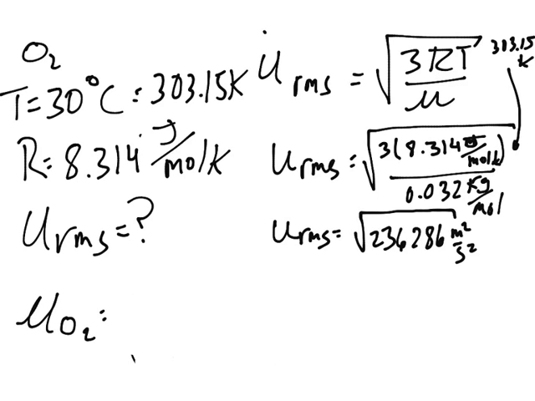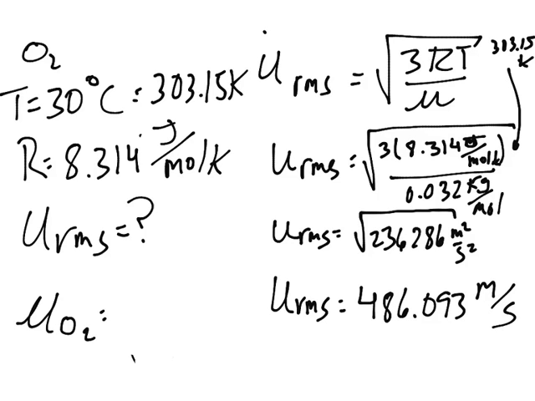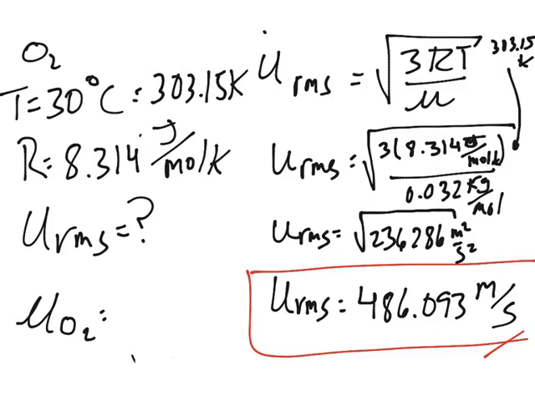Just by getting the square root of that, I get 486.093 meters per second. And that's how you solve a problem in which they ask you for your root mean square velocity. Always remember that the molar mass has to be in kilograms per mole, and your units should be fine.